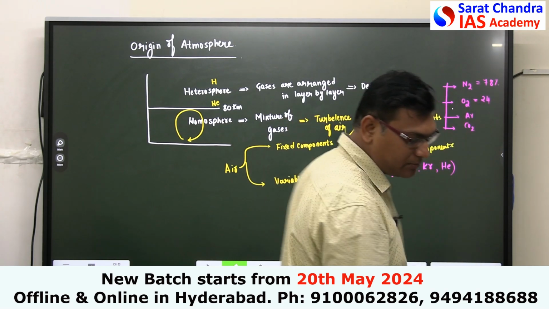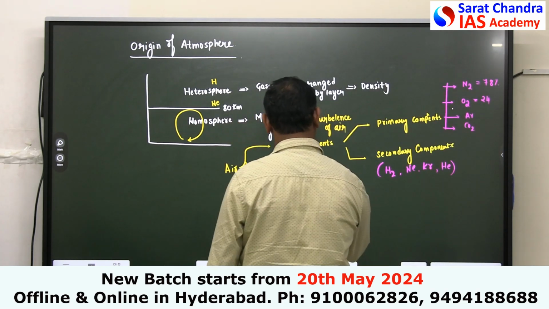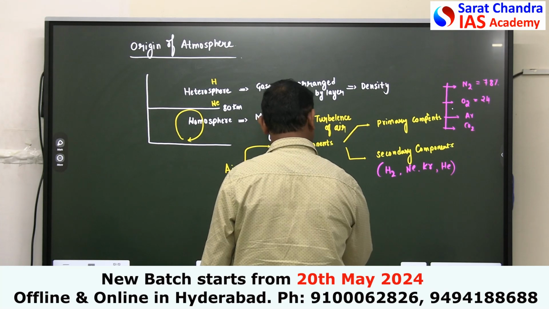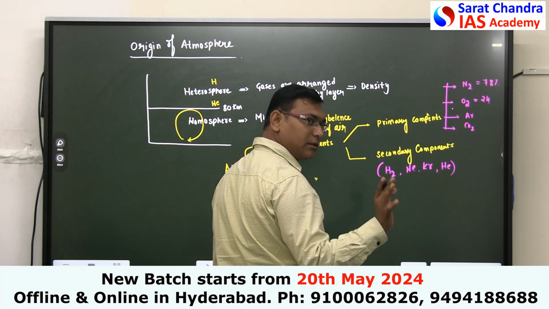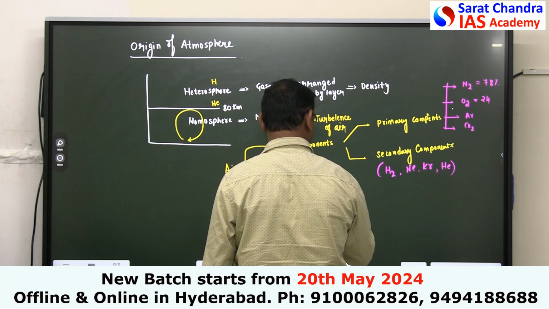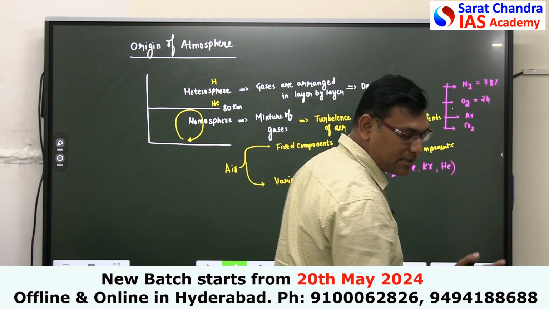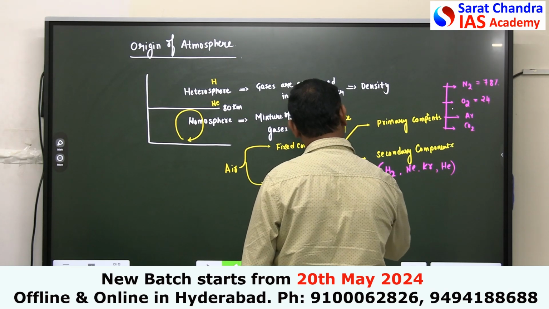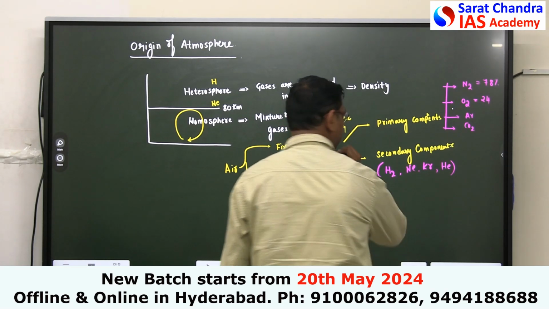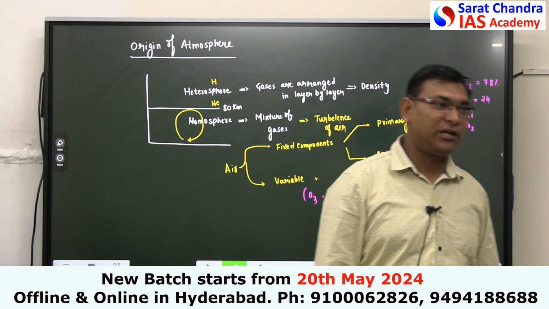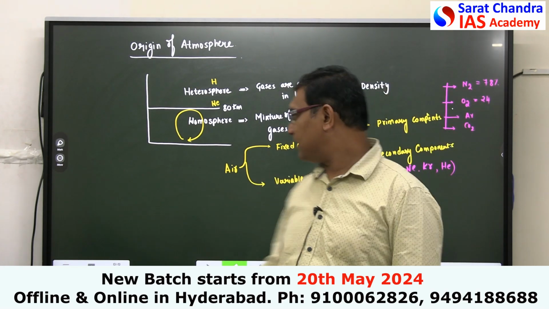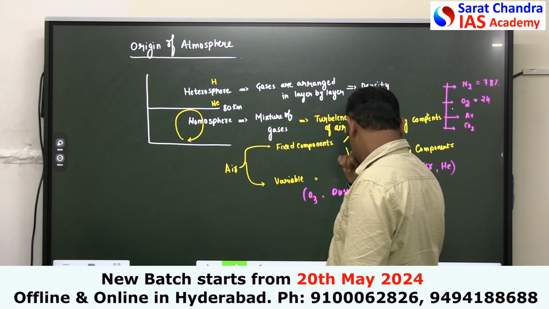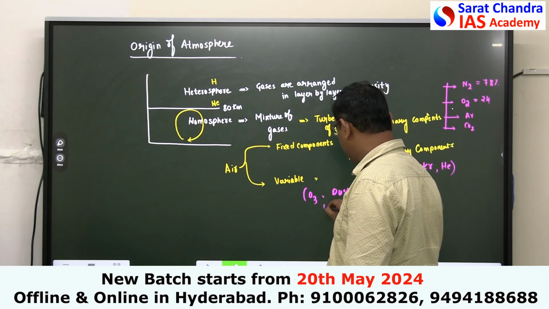Variable components are the ozone layer, ozone, variable, yes or no? Then we also have variable components like dust, particulate matter. PM means particulate matter. It is highly variable, and even water vapor.